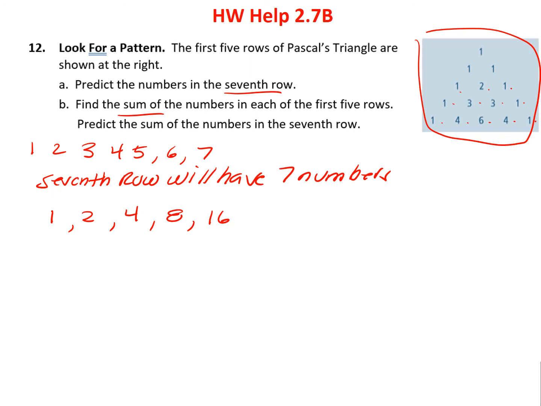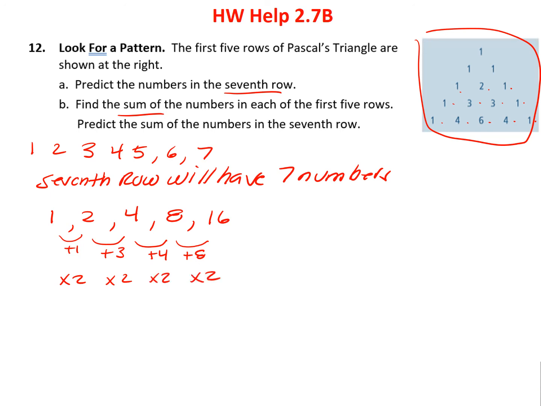And so what do I expect my pattern to be? If I'm looking at a pattern here, obviously it's going up plus 1, and then plus 2, and then plus 4, and then plus 8. So it's not that. Is it being multiplied? Well, 1 times 2, but then here it's times 2 again, and then it's times 2 again, and then times 2.